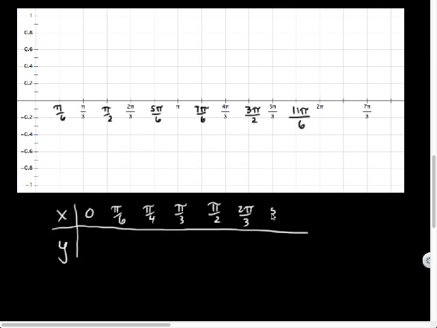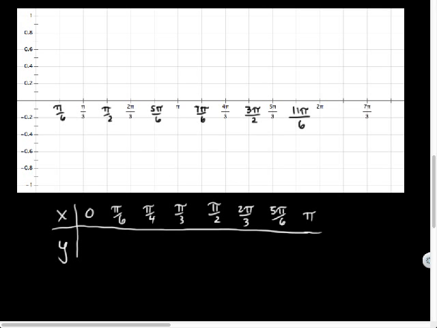Then we'll have 5 pi over 6, and then we'll go all the way up to pi. And pi, in terms of radians, is the same as what in degrees? Pi radians is how many degrees? 180 degrees, right? So it's halfway around our unit circle.